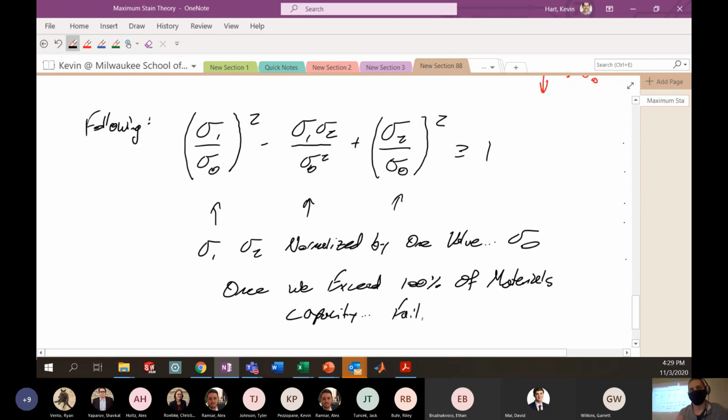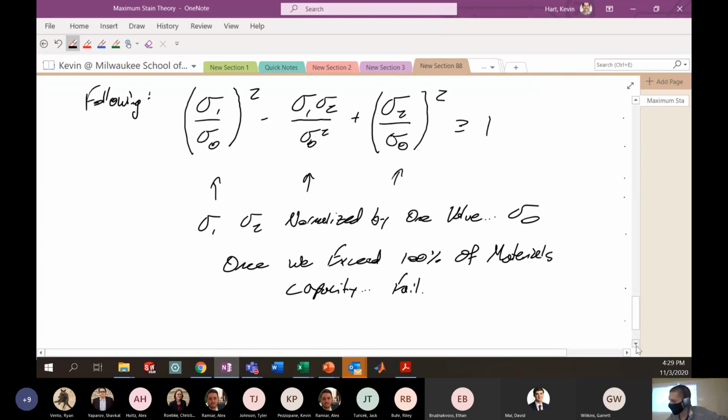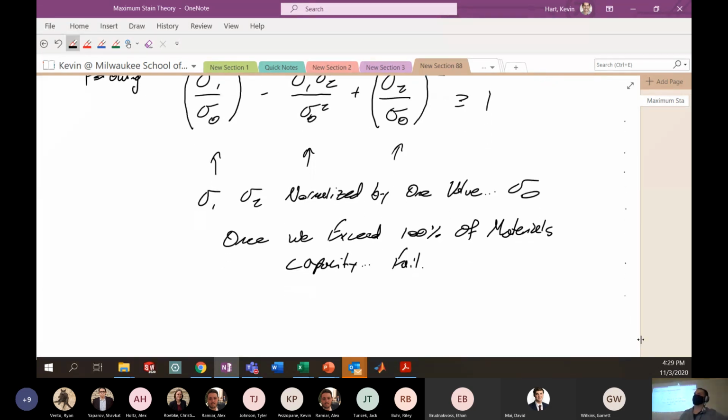We have a very similar idea with the Tsai-Hill theory, except you're not normalizing sigma 1 and sigma 2 by the same value. You normalize sigma 1 and sigma 2 by their respective values which would cause failure in that direction. You have to think about 100% of the capacity of the material to hold load before it fails.